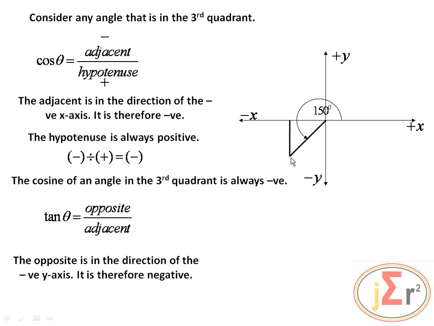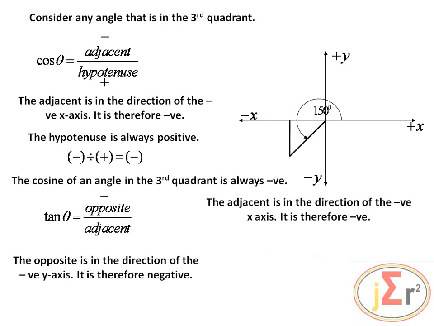So the opposite is negative. What about the adjacent? The adjacent is in the direction of the negative x-axis. It is therefore negative. Notice that the adjacent is still here, and because it is here, it is in the direction of the negative x-axis. So it is also negative.